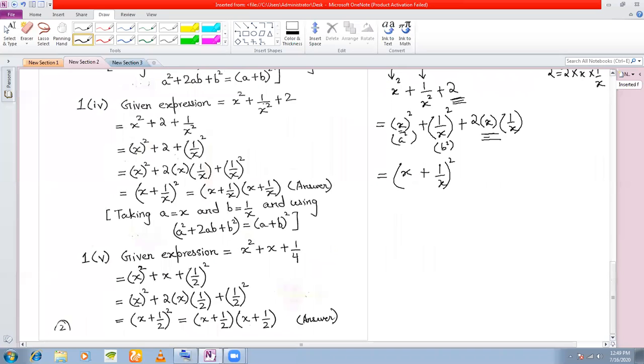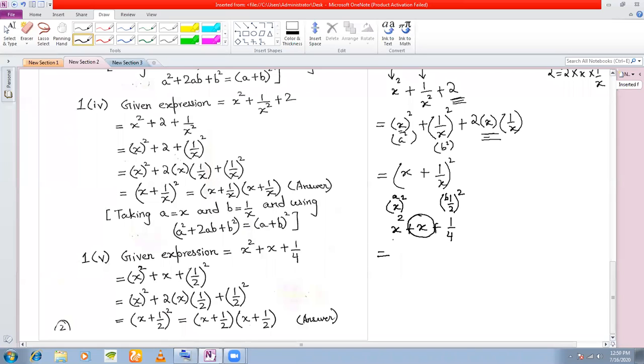With the last problem from this part, that is the identities using a plus b whole square and a minus b whole square. Let us see x square plus x plus 1/4. Now what you first notice is that x square is a perfect square and also 1/4 is a perfect square. So we are getting our a term and we are getting our b term. Okay, so this must be our 2ab term.